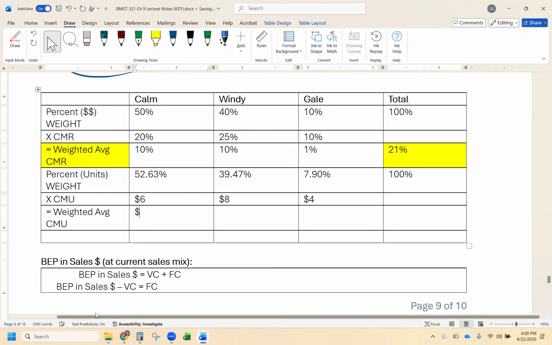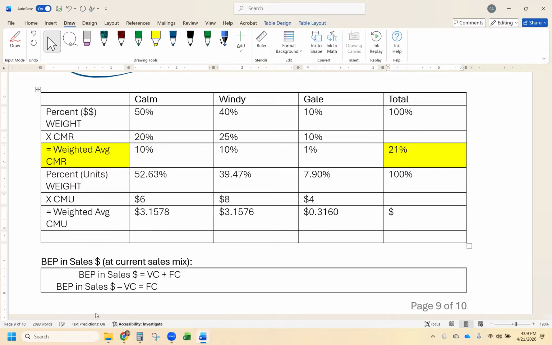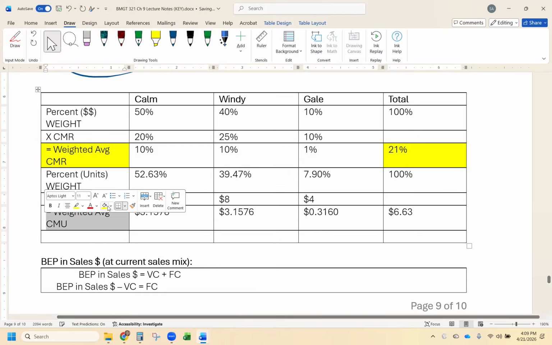So for calm, it's $3.16 or 15.78. $3.1576. When you do your homework, if you haven't done it already, just double check how it says to round it, so you get the rounding right.